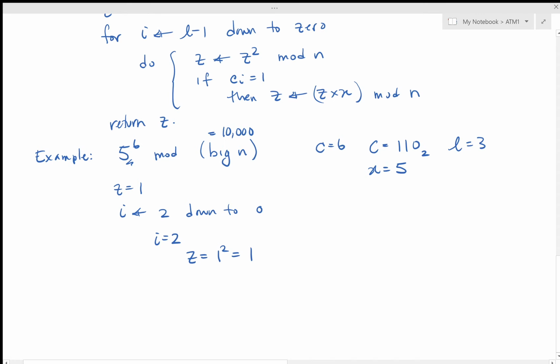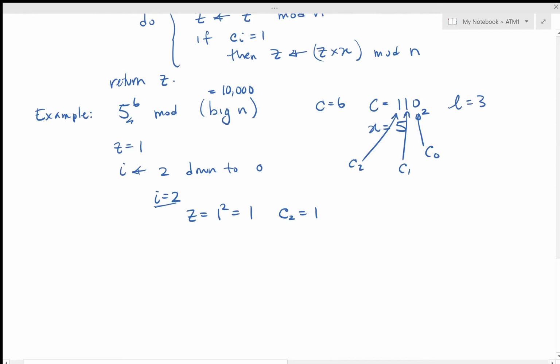And then we check whether C2, because I is 2, what is the value of C2. Right there is C0, right there is C1, and right there is C2. So I'm taking a look at C2. C2 is equal to 1.